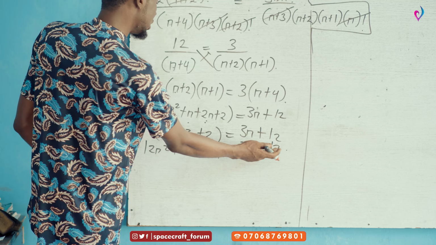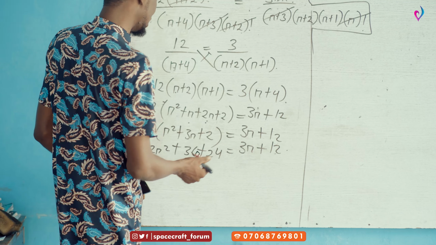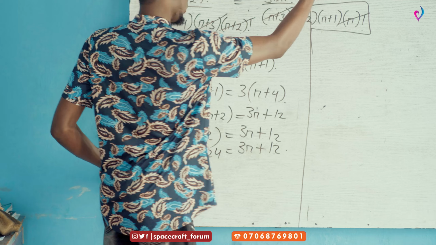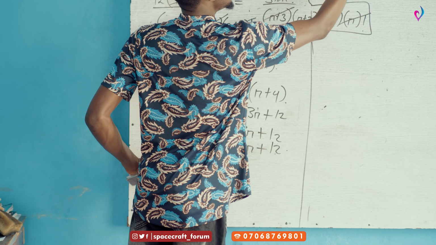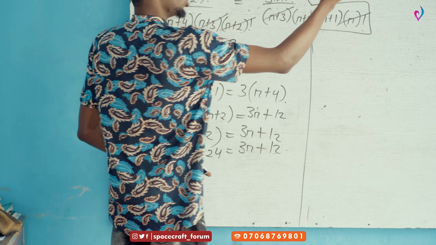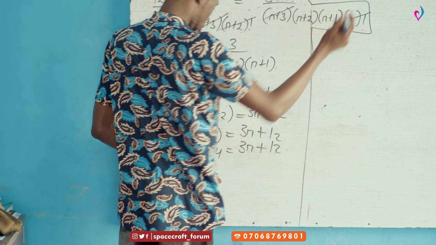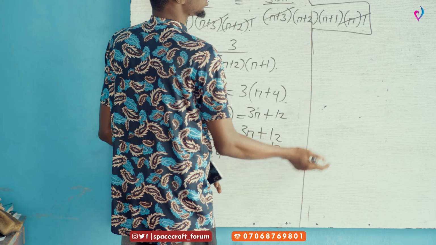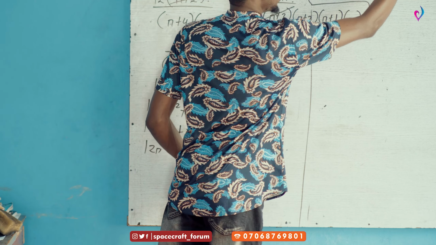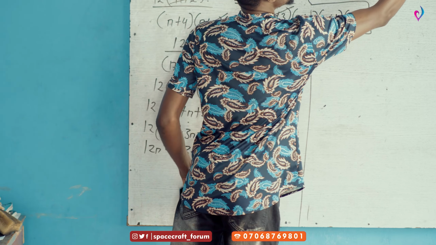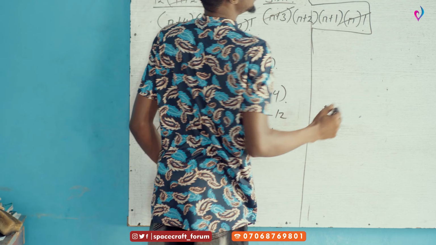Let's move everything on this left hand side to the right hand side. So I'm having 12n square plus 36n plus 24. The sign is going to change as it's going to the next side of the equation. So that is minus 3n, then minus 12 is equal to 0.